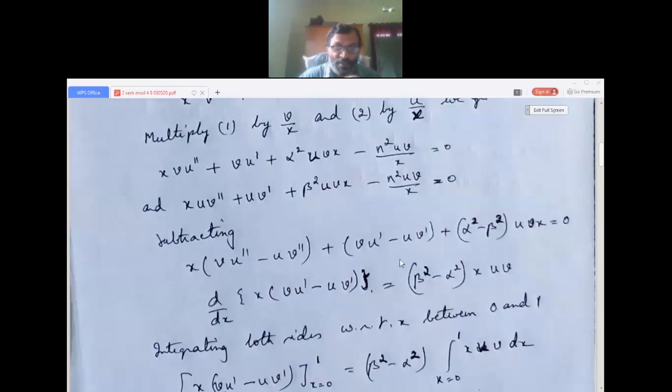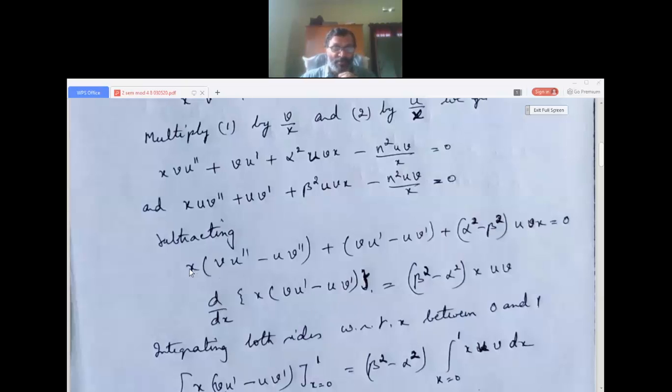Now if you see clearly, these two terms are the product rule. For example, if I expand this, first function differentiation of second, v u double dash minus u v double dash, plus second function v u dash minus u v dash, differentiation of first. So this is nothing but this only by using product rule. You have to remember a little bit.